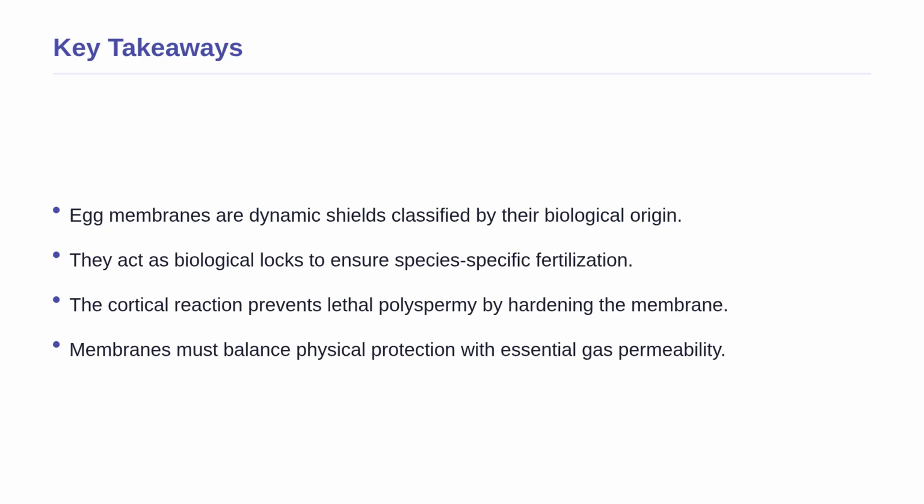Second, these membranes actively regulate sperm entry to prevent cross-species breeding and lethal polyspermy. Finally, through Fick's law of diffusion, we saw the delicate mathematical balance the egg must maintain, hardening to protect itself while remaining just permeable enough to manage the diffusion of life-sustaining gases.